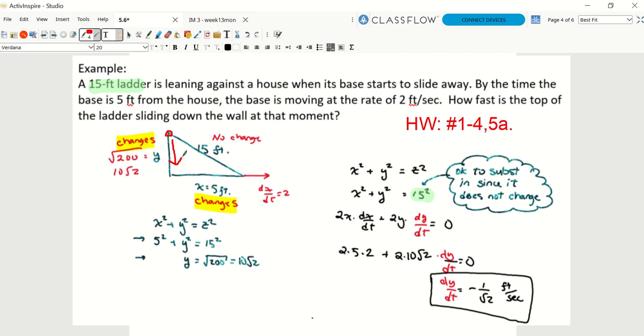The top of the ladder slides downward upon the wall of the house, so this y decreases also. So x and y are dynamic variables, they change, so that's why we don't substitute that in. That's probably the better way of thinking about it. X and y are not fixed, they're going to change. So you plug in the number that is fixed, which is the 15.